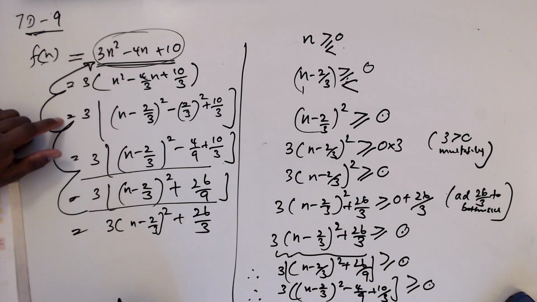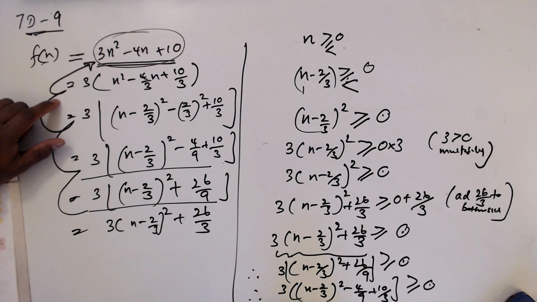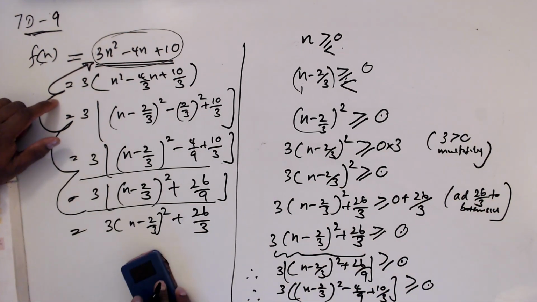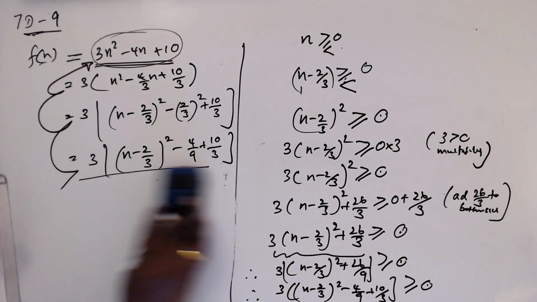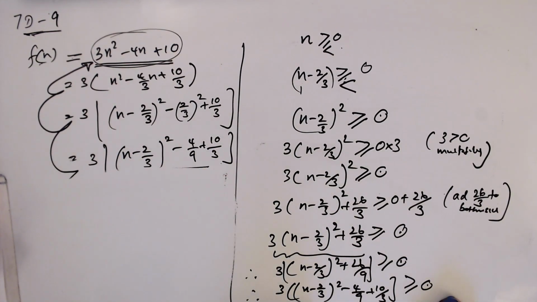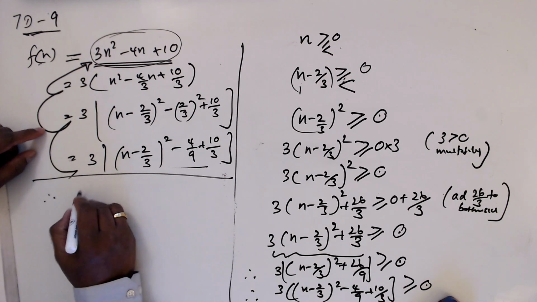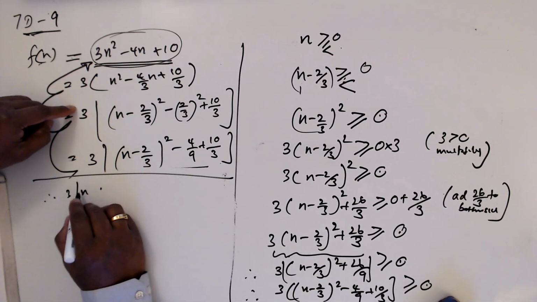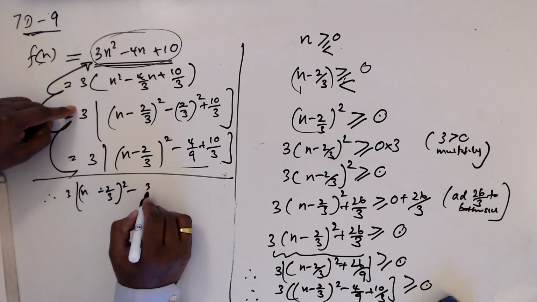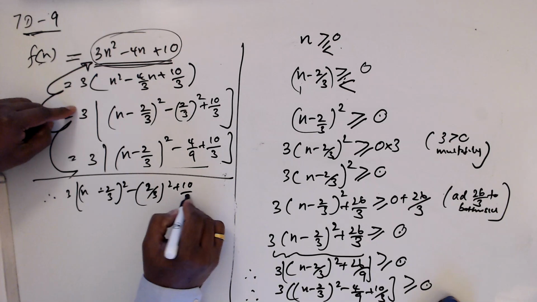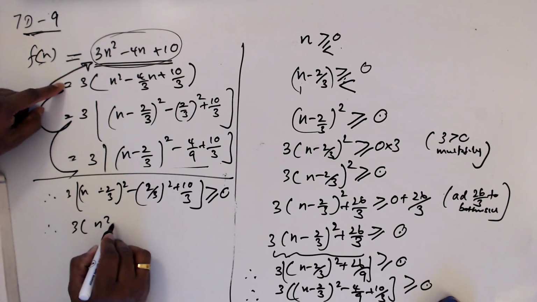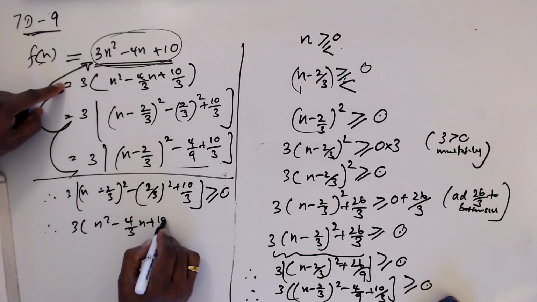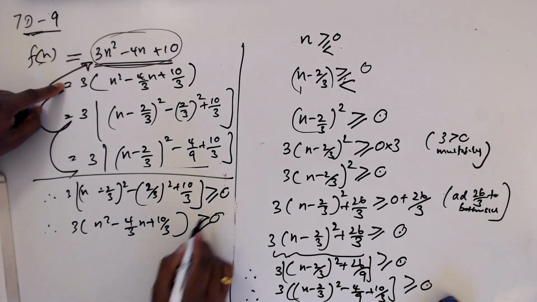Right, likewise then this one, finally you can write. I will write here, then from here to here, 3 times (n minus 2 over 3) squared minus (2 over 3) squared plus 10 over 3 greater than or equal to 0.